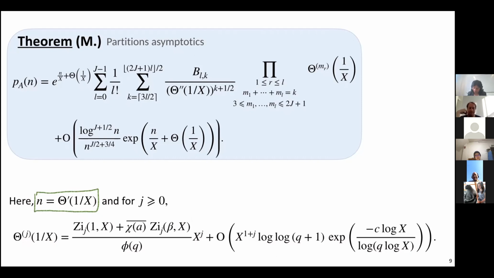Therefore, I will get n equal to that, right? For j equal to 1, that's just x, and this will give me 1 over log x, and this is little n. Okay.